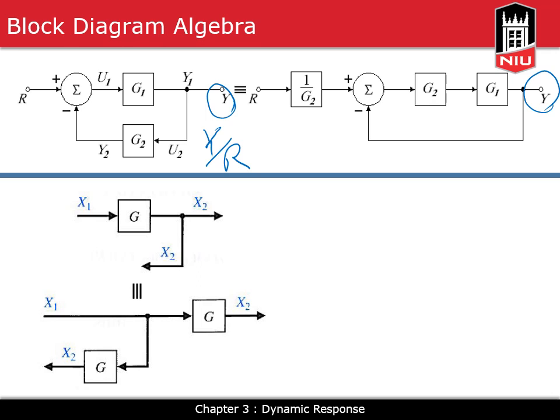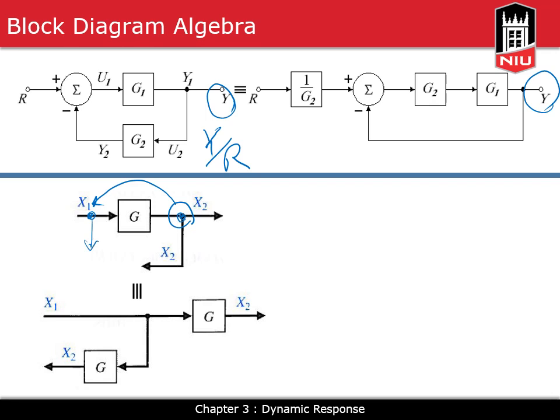At the bottom, you see another example, moving a pickoff point before a block. It's very similar to moving a pickoff point after a block. So if we have a pickoff point here and I want to move it before a block, you see the signal here has already been multiplied by G. So the signal here is x1 times G. If I move the pickoff point and put it here on the left side of the block G, then I'm actually picking up x1.